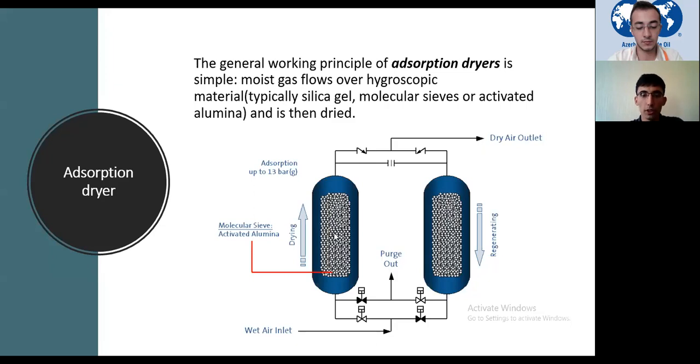So we use this for either propylene or ethylene to make them water-free, moisture-free. The chemical compounds inside these columns are basically aluminum oxide or silicon oxide based chemicals.